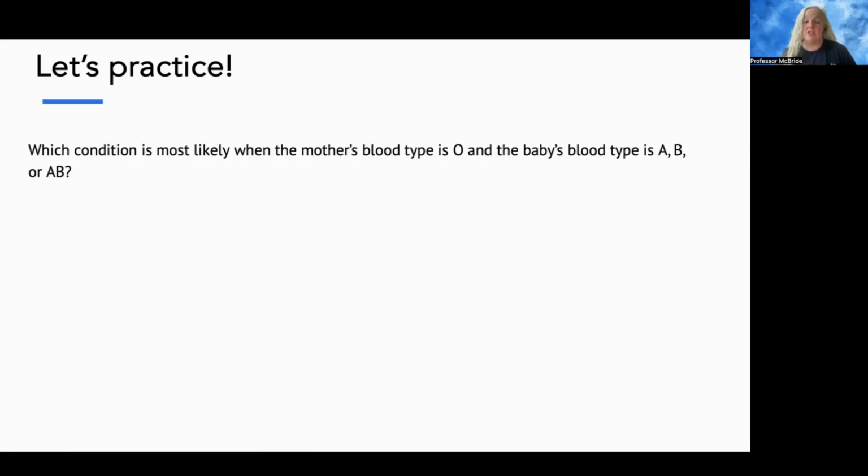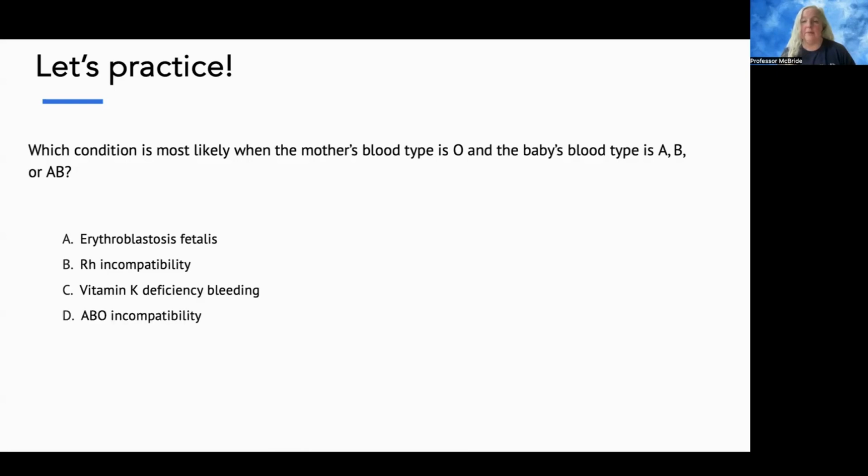And finally, which condition is most likely when the mother's blood type is O and the baby's blood type is A, B, or AB? Erythroblastosis fetalis, Rh incompatibility, vitamin K deficiency bleeding, or ABO incompatibility. Remember that erythroblastosis fetalis is a very severe condition that is going to be more prevalent with an Rh incompatibility, when the red blood cells are being broken down by mom's antibodies at a very high rate, not as common with ABO.